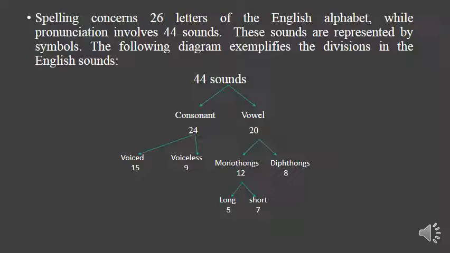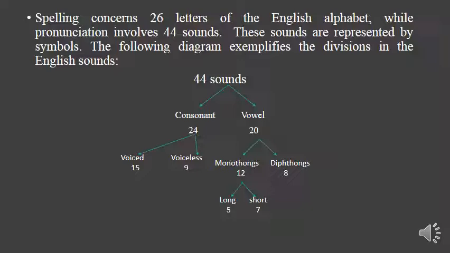Under the vowels, the 20 vowels are divided into two. We have 12 monophthongs and 8 diphthongs. Also, the 12 monophthongs are divided into two: long and short monophthongs, or short vowels.